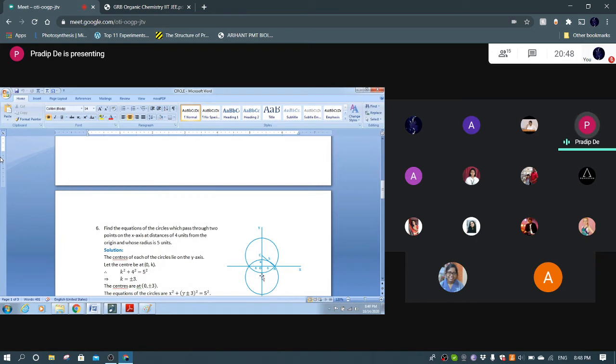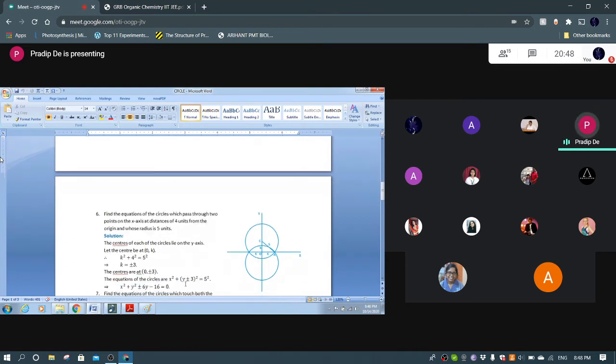And the equation of this circle whose center is at 0, minus 3, its equation is x minus 0 whole square plus y plus 3 whole square is equal to 5 square. So the combined equation of these two circles: x square plus y plus minus 3 whole square is equal to 5 square.